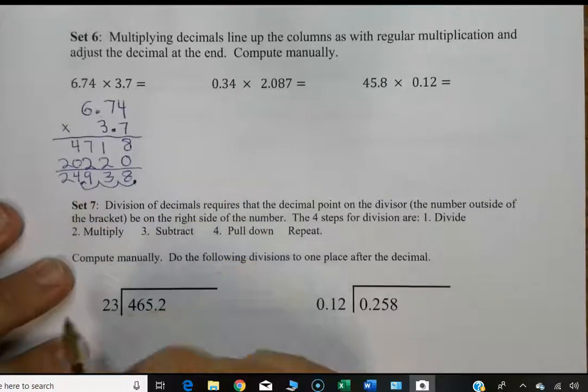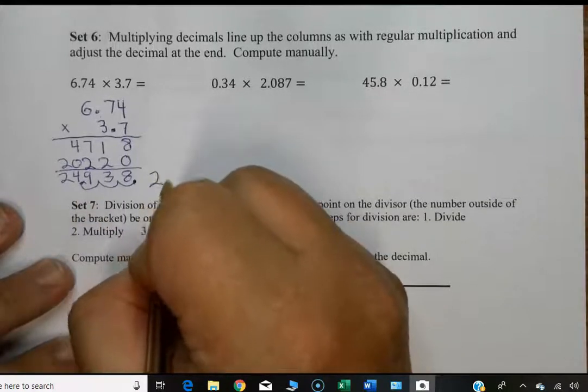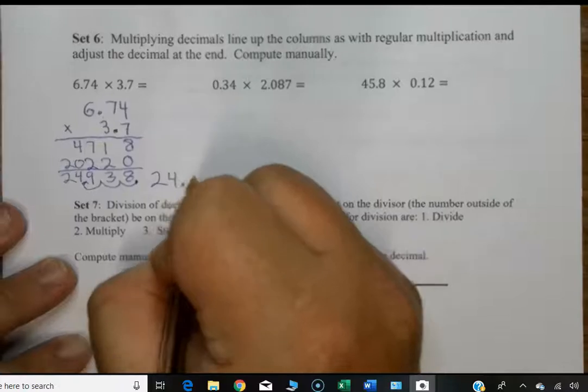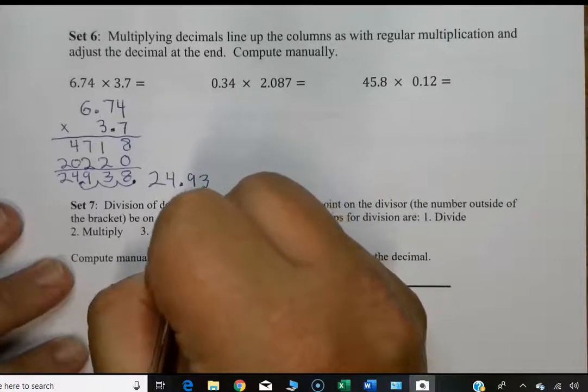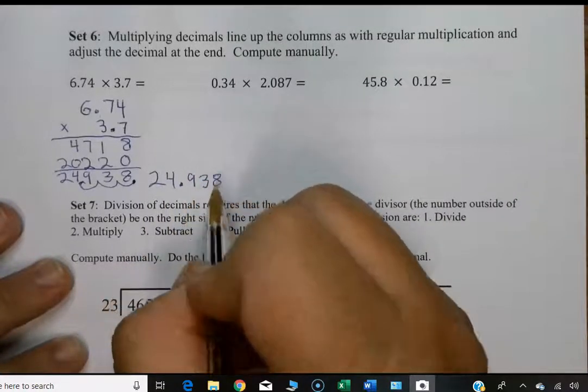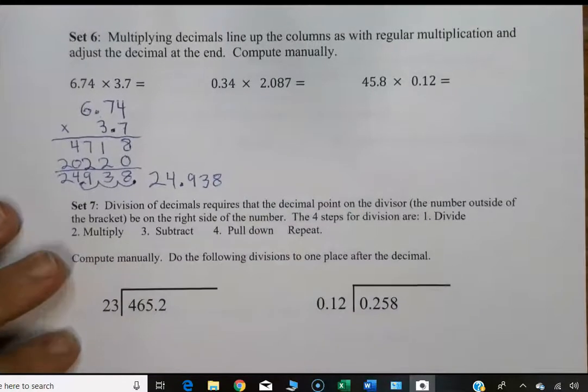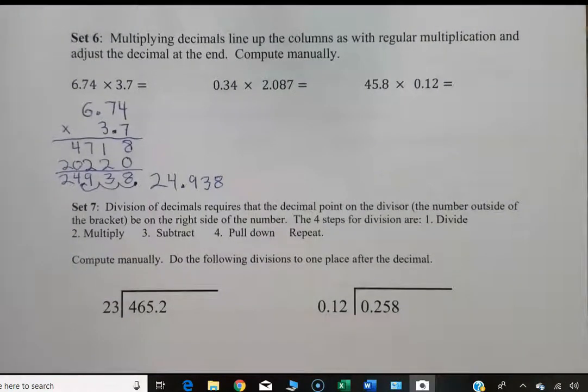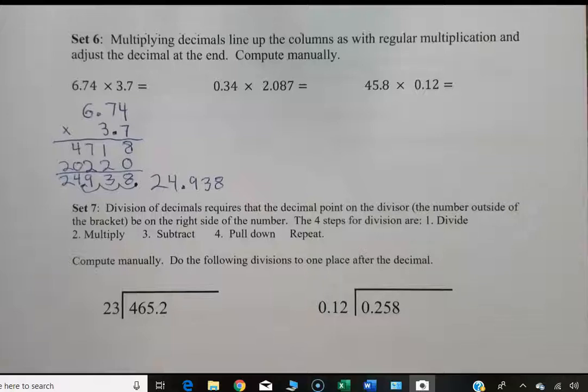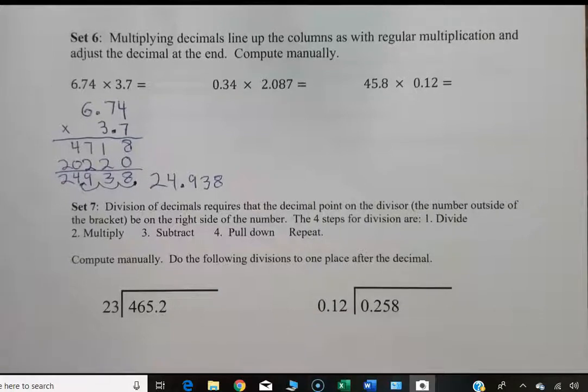So the decimal goes in between the 4 and the 9. So just to write that a little more neatly, the answer would be 24.938. And that's your answer. So you save adjusting the decimal until the very end of the problem with multiplication.